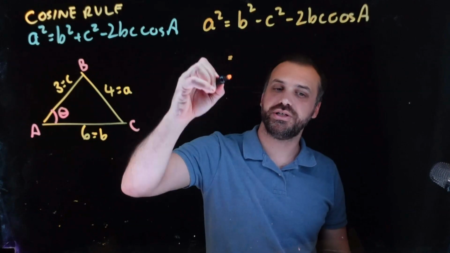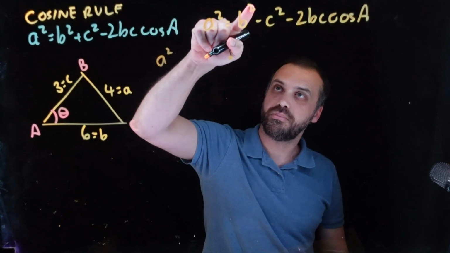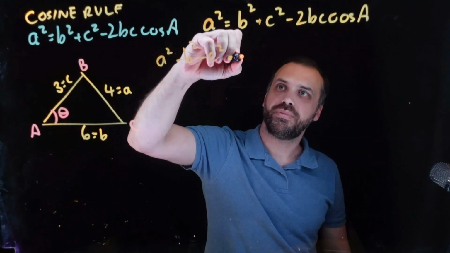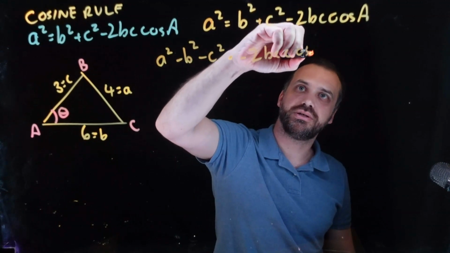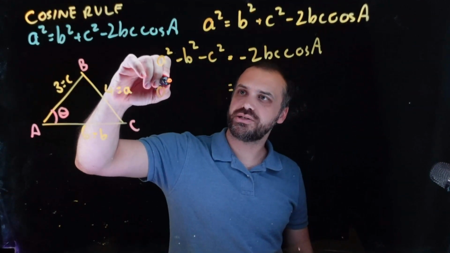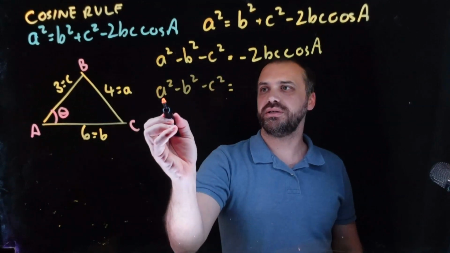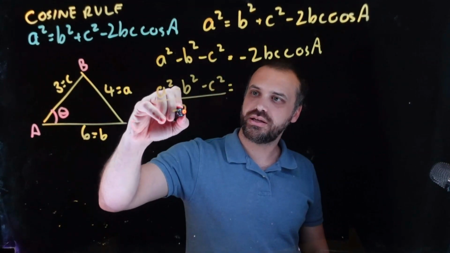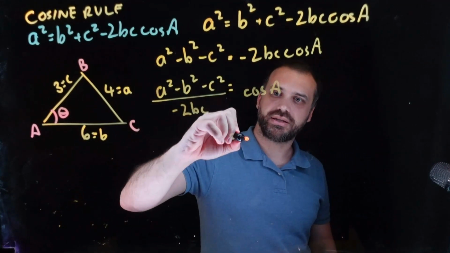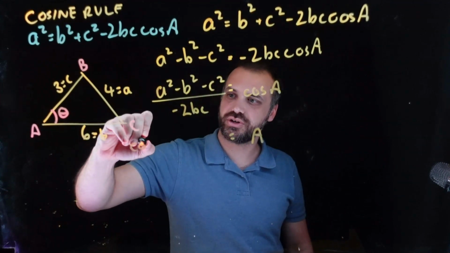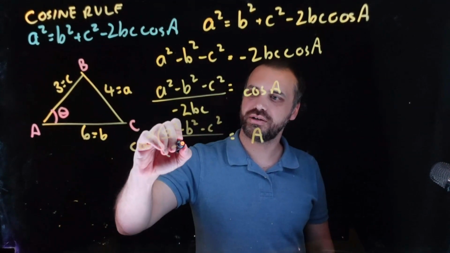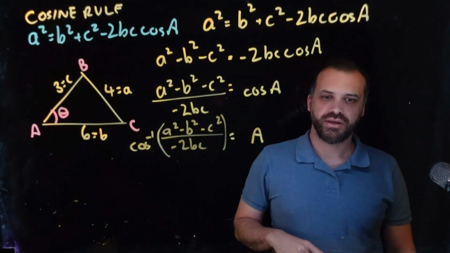Alright, so rearranging this, we can say a squared minus b squared minus c squared equals negative 2bc cos A. Alright, so there's the first step of rearrangement. I can now say that a squared minus b squared minus c squared divided by negative 2bc equals cos A. And now I can say that A is equal to inverse cos of a squared minus b squared minus c squared over negative 2bc.